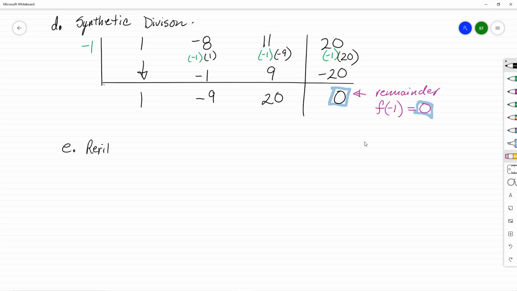So the next step, ooh, got to spell that right: we're going to rewrite the function in factored form. I'm going to call it reduced form or factored form.